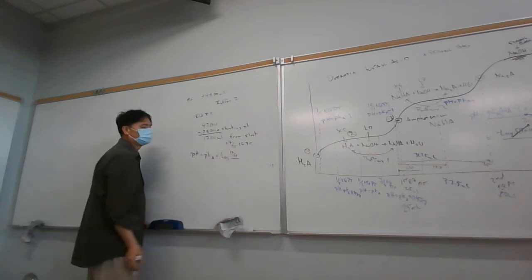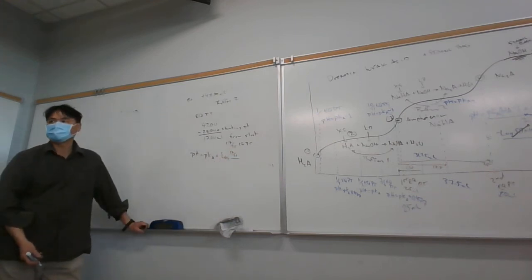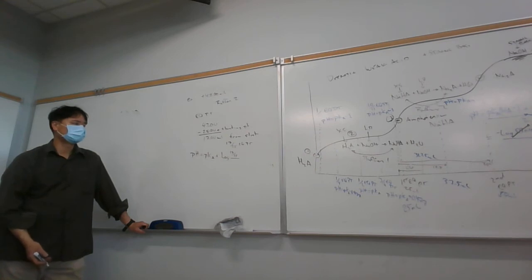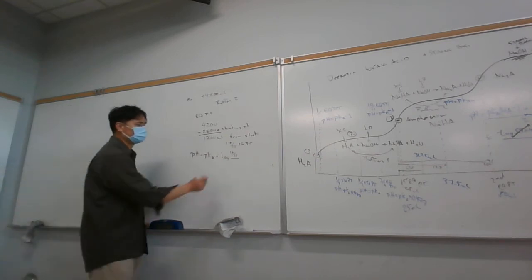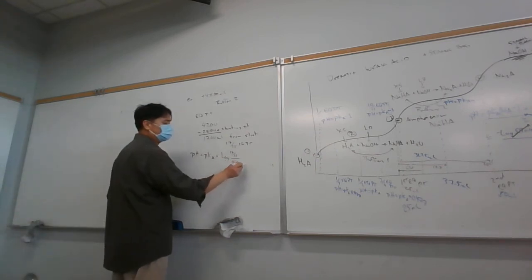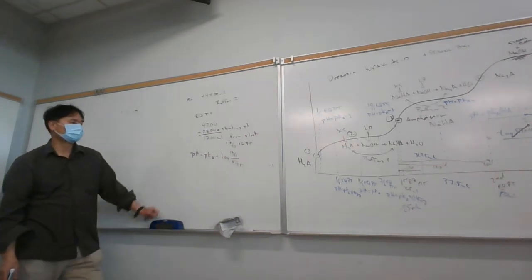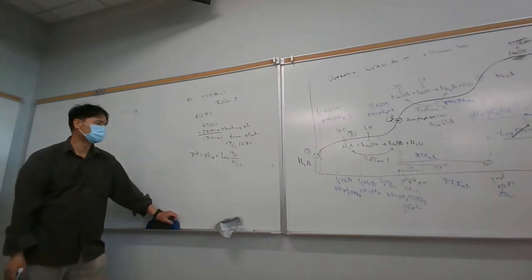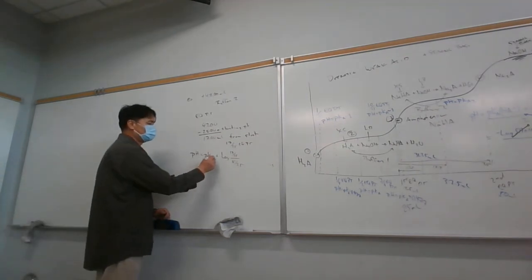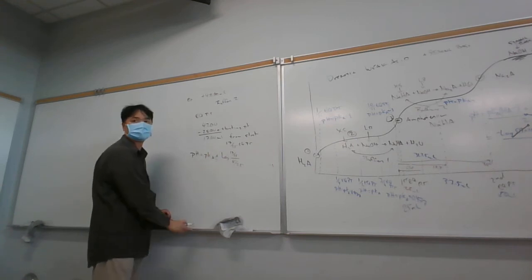If I've neutralized 17 out of the 25, how much is left? 8 out of 25. So oddly enough, this is going to come out the same. At least for the correction, it's going to come out the same. The pKa is different. This is pKa2 now. So we're in buffer region 2. So this is the log of 17/8.